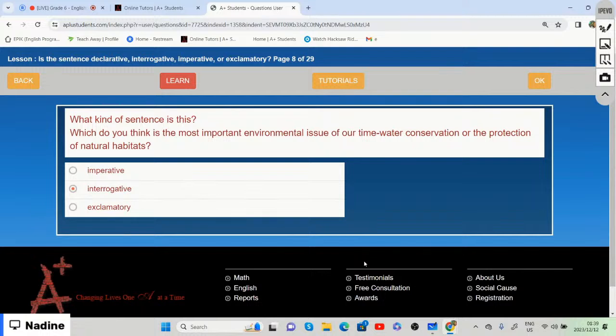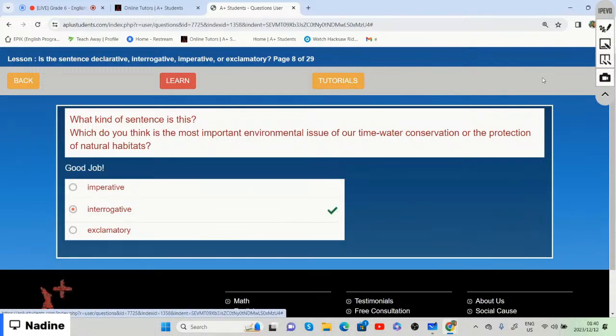Sometimes, if we know the reason why, it is a specific word, right? And we said it's an interrogative sentence because it's an interrogative sentence.